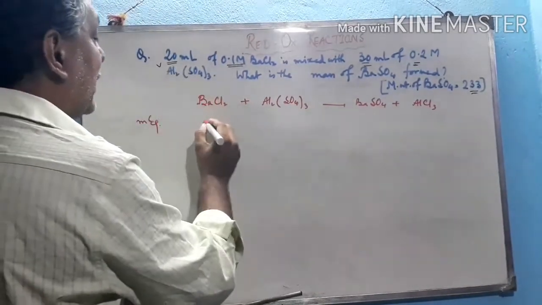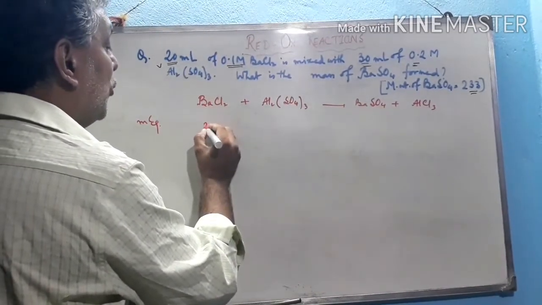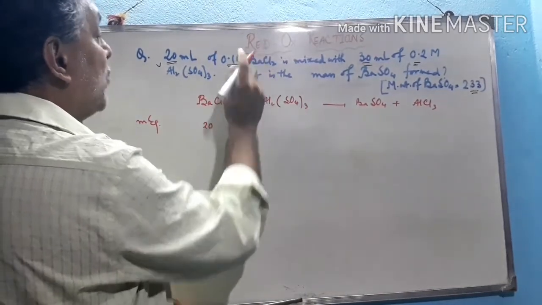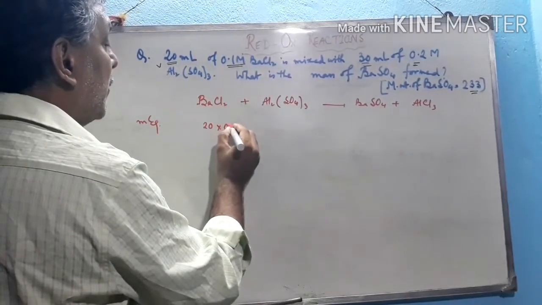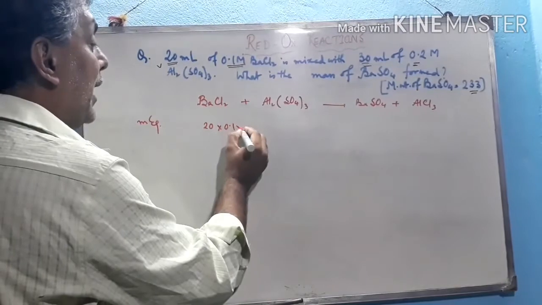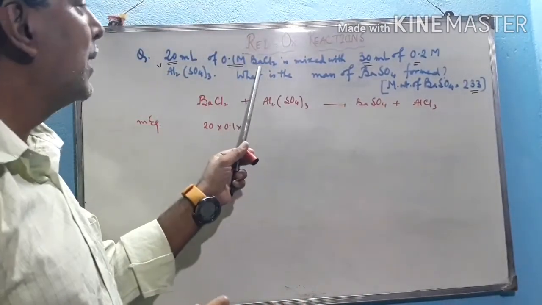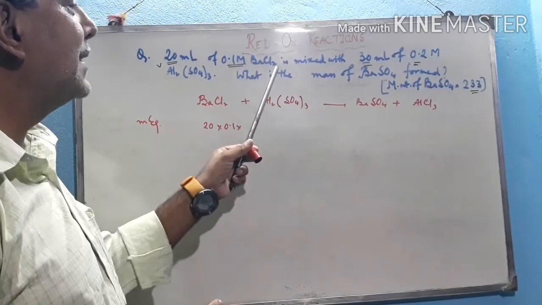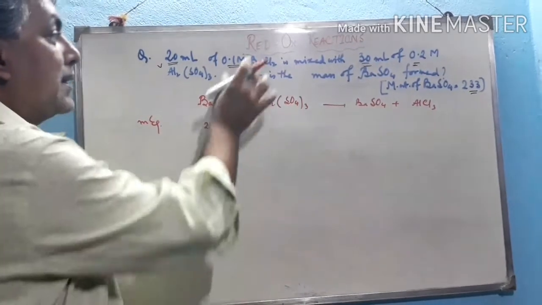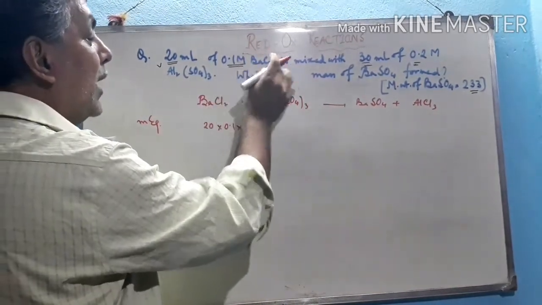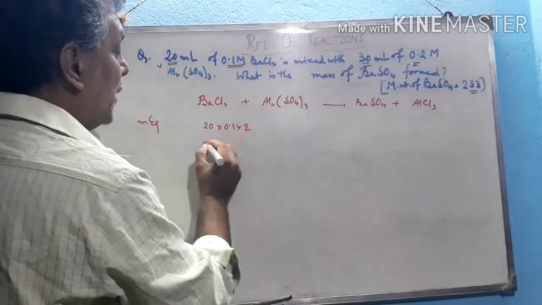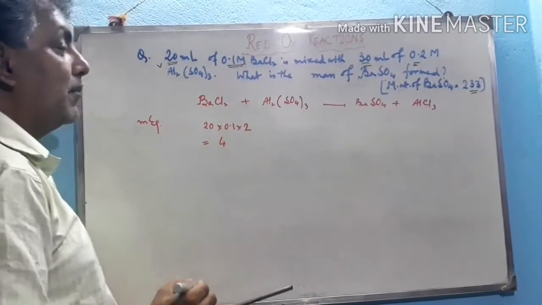20 milliliter, this is the volume, this is the molarity 0.1, and the N factor of barium chloride. See, the cation is barium here, 1 cation into its valency 2. So this is the N factor, this is a salt. So number of cations into its valency is 2. That means 4 milliequivalent.